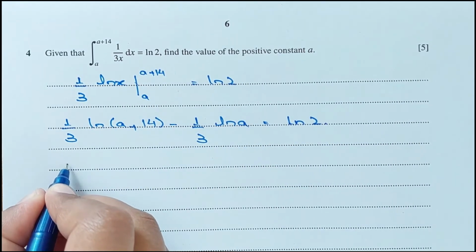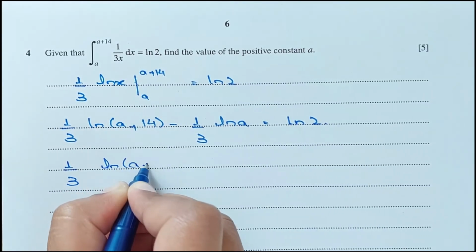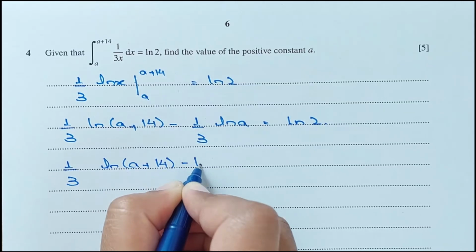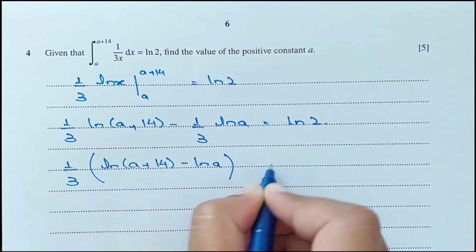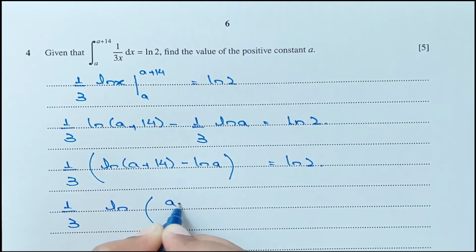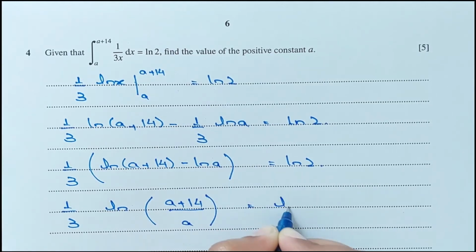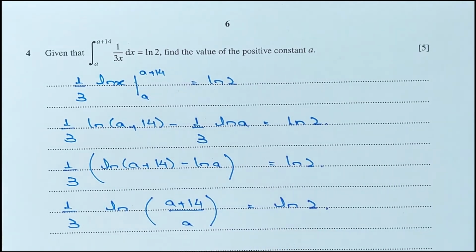So we can say 1 over 3 is outside, ln of a plus 14 minus ln of a, this is ln 2, right? 1 over 3 is outside, ln of (a plus 14) divided by a, this is ln 2, right?